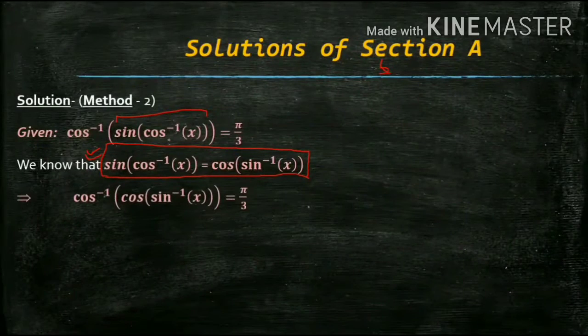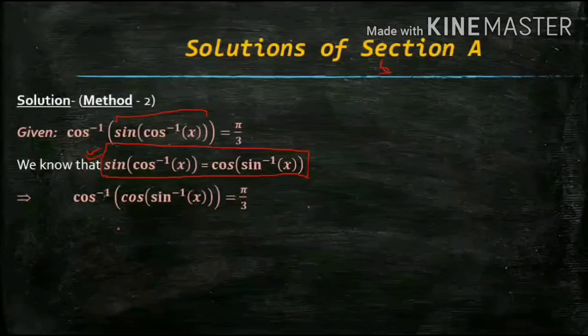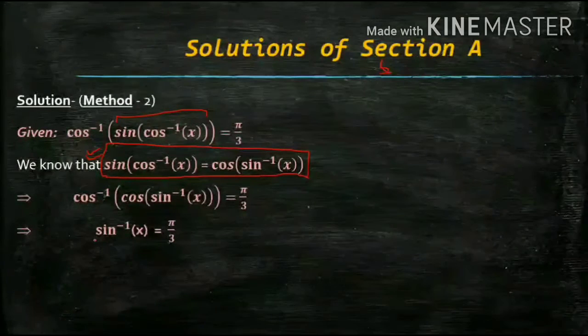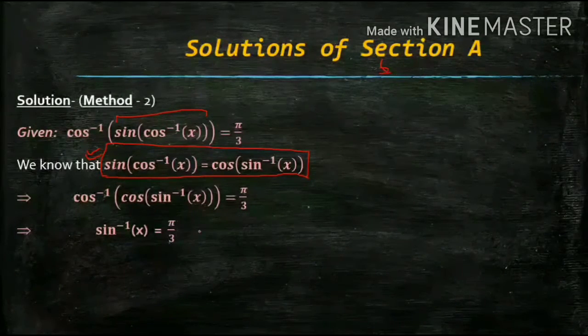Now substitute the value. Cos inverse of this expression becomes cos of sine inverse x equals pi by 3. Now you have cos inverse of cos of something, and I told you cos inverse of cos of theta is nothing but theta. So I can write sine inverse x is pi by 3.